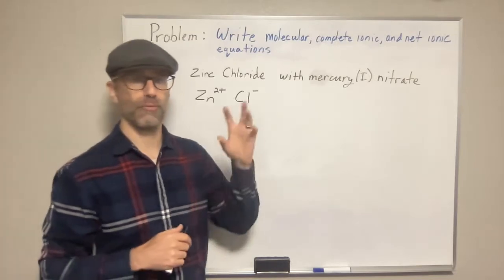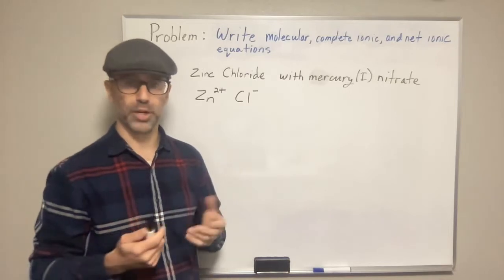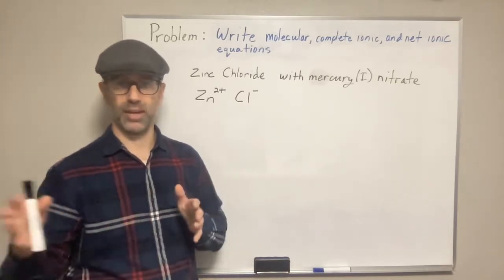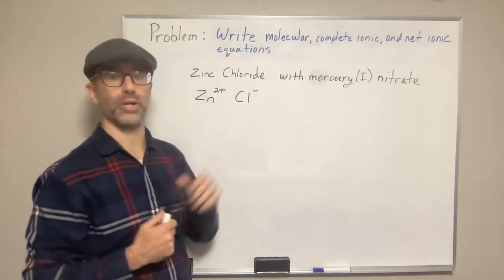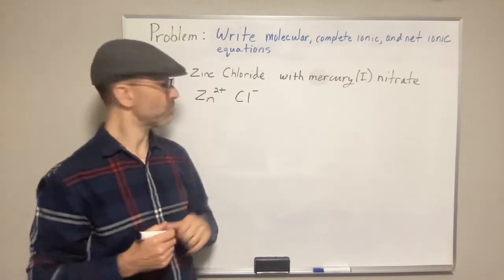So if you're in group 5A, then 5 minus 8 is -3. If you're in group 6, then 6 minus 8 is -2. So here, chlorine is in group 7, so 7 minus 8 is -1.